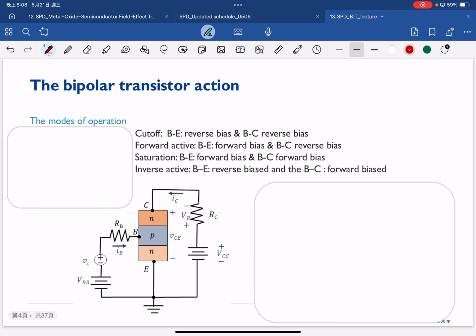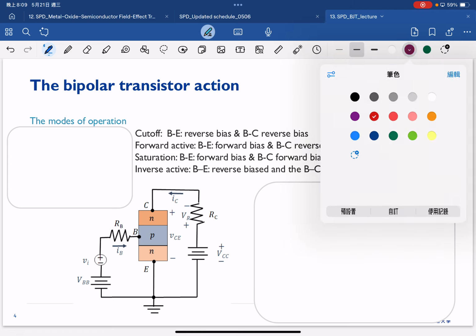In terms of operation mode, we can divide the BJT into four different operation modes.